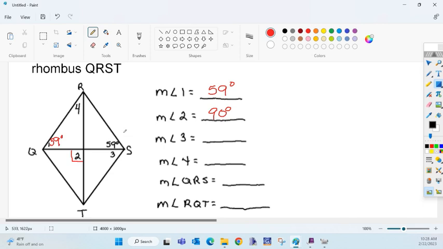Can you tell me angle 3? Yeah, you can come back to me. Okay, well, let's look at your list. What is true about the diagonal of a rhombus in regards to what it does to the angle here? What does it do to that angle?